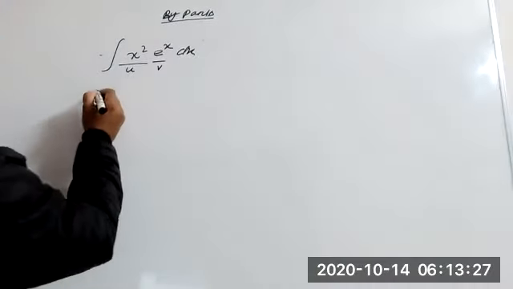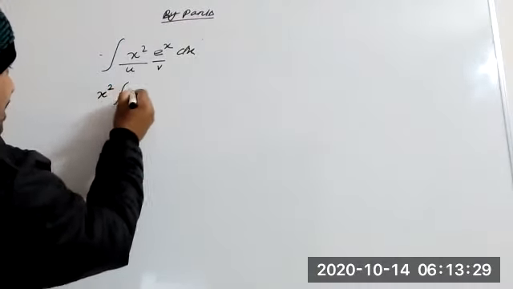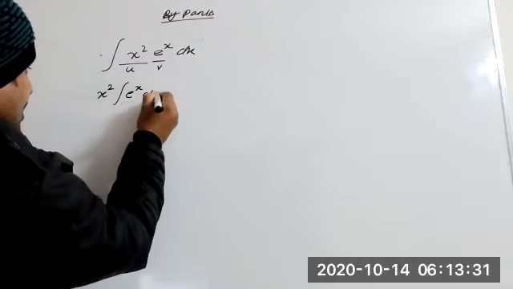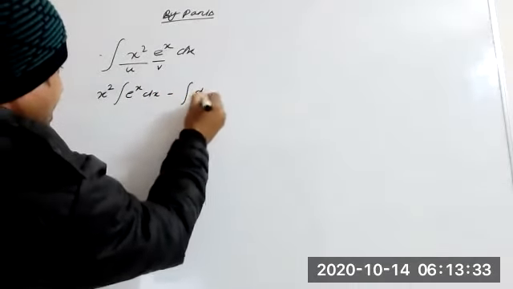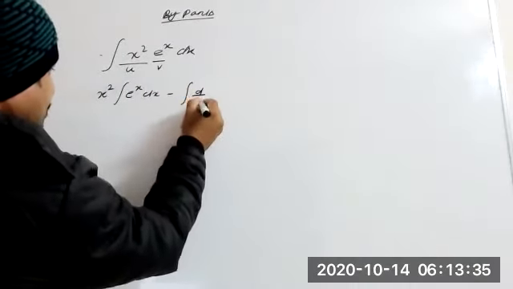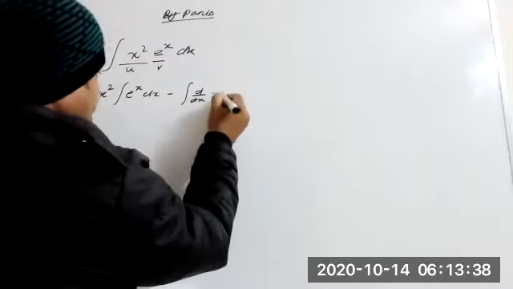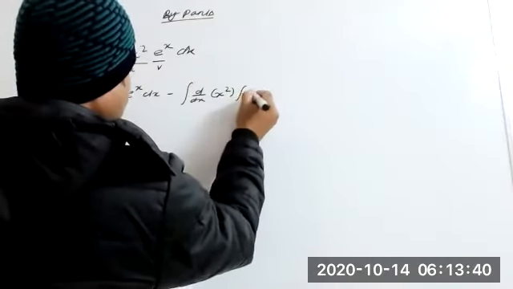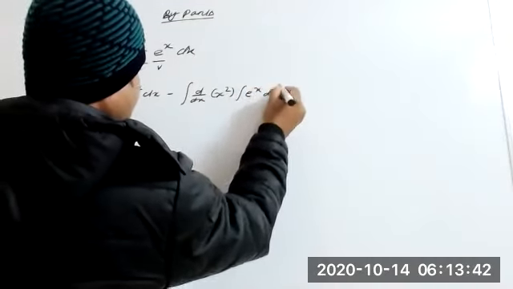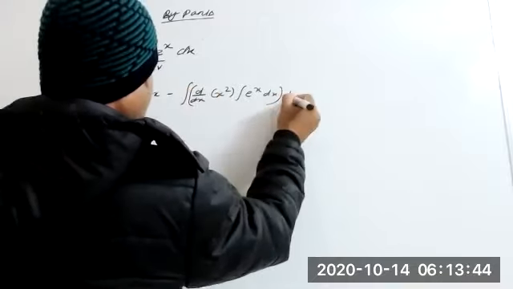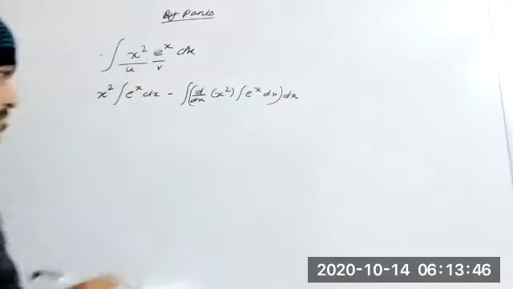First function x square into integration of x dx minus d by dx of first function x square into integration of e to the x dx, whole into dx, right?